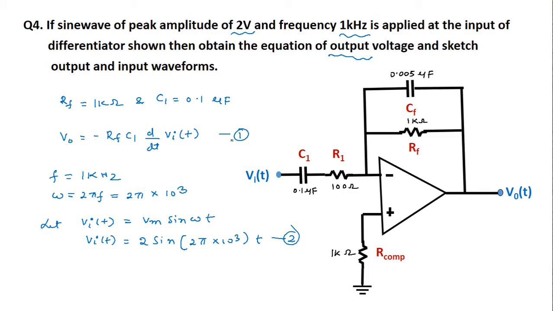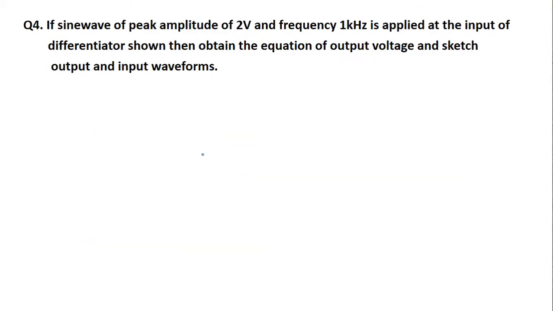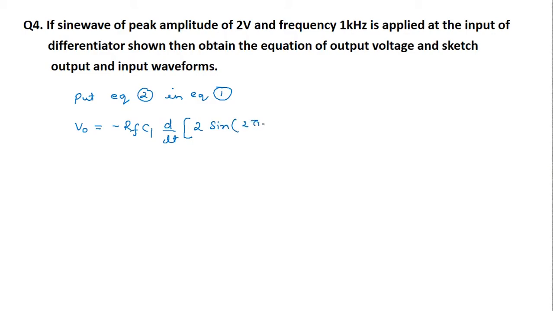Now we put equation number 2 in equation number 1. We get output voltage V0 is equal to minus RF into C1 into d by dt of the input voltage. The input voltage is 2 sine of 2 pi into 10 to the power 3 t. Now we differentiate this sine omega t with respect to t.